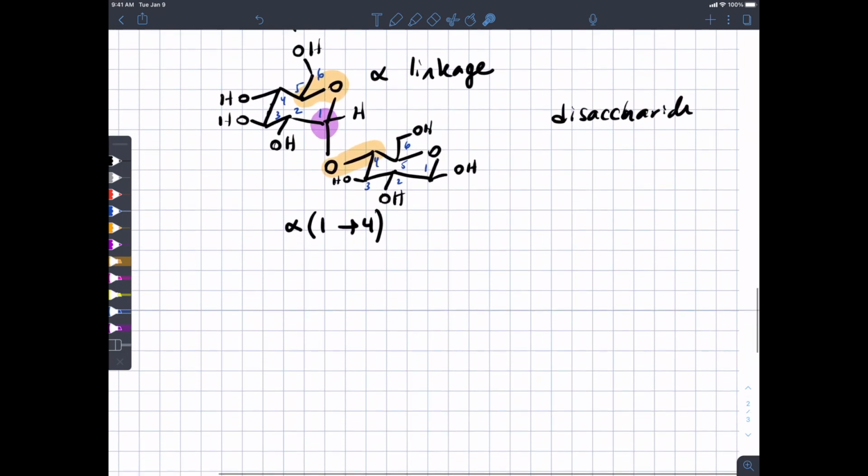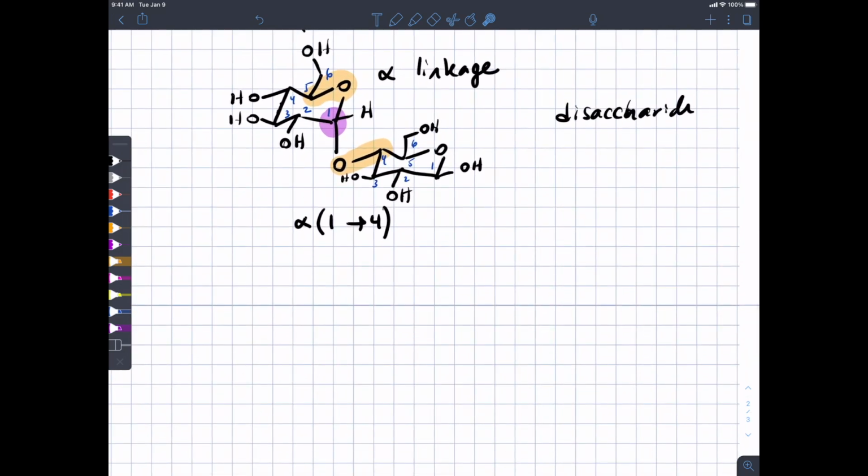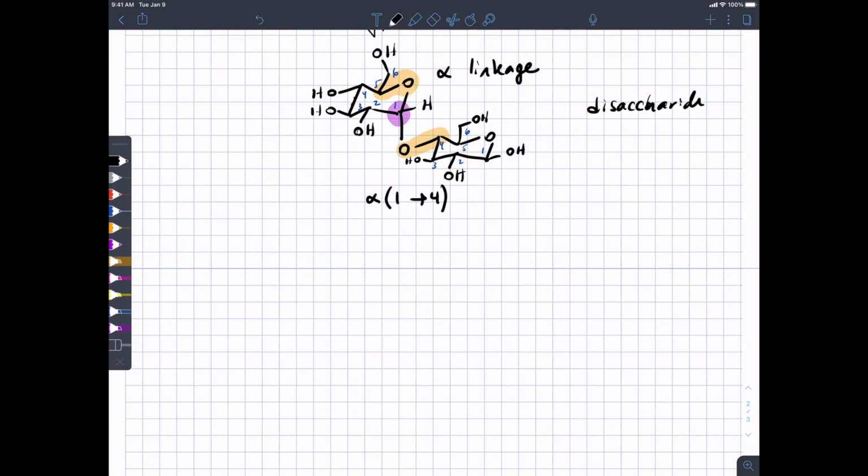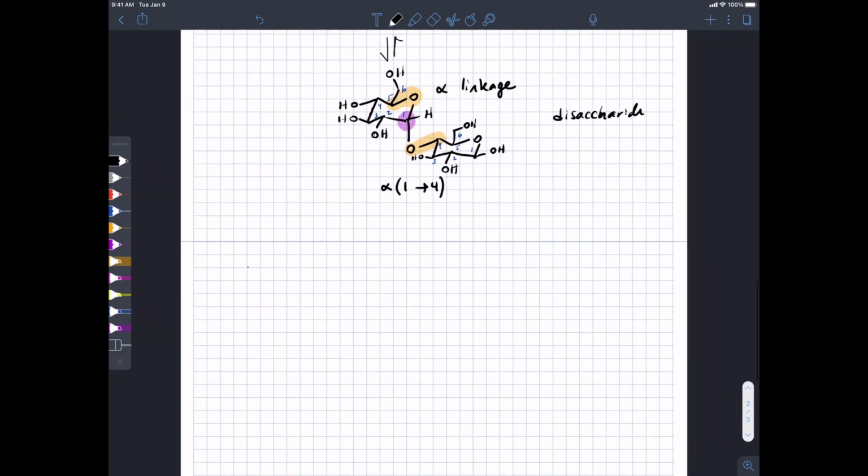In starch, you've got a whole ton of sugars linked to each other. So you don't have to draw this, but if you want to, you can. This is sort of the structure of starch, a bunch of sugars linked to each other via this alpha 1,4 linkage.